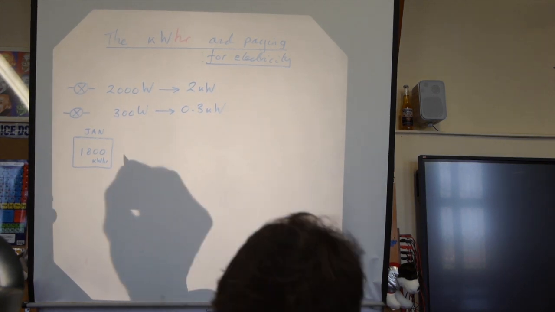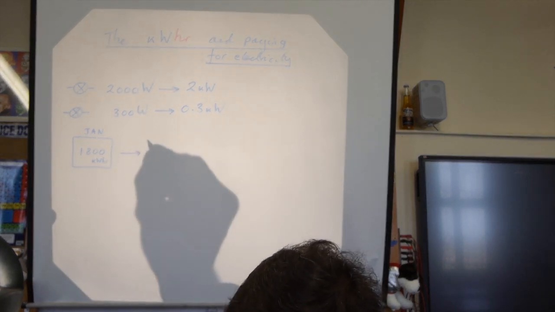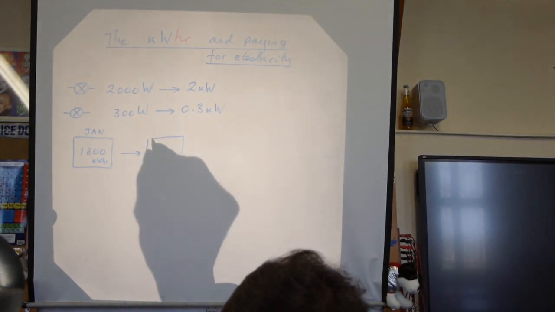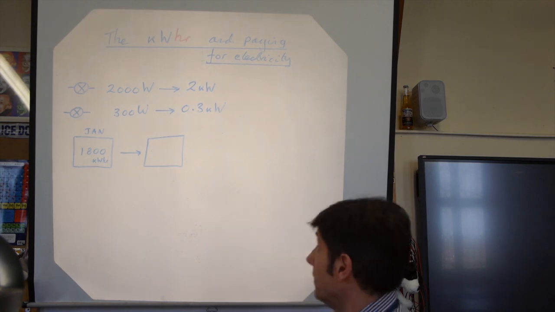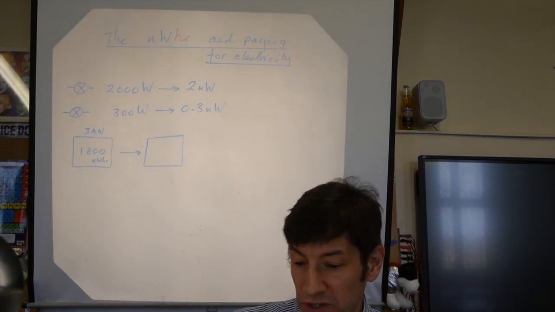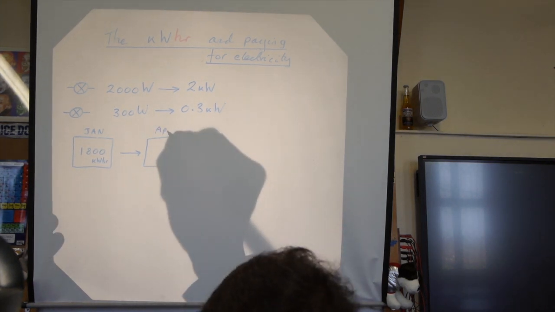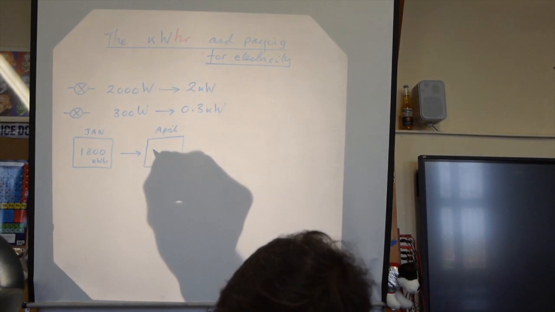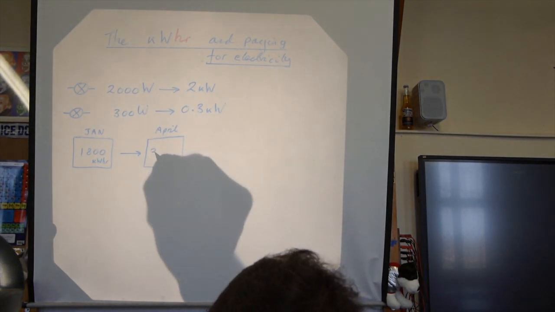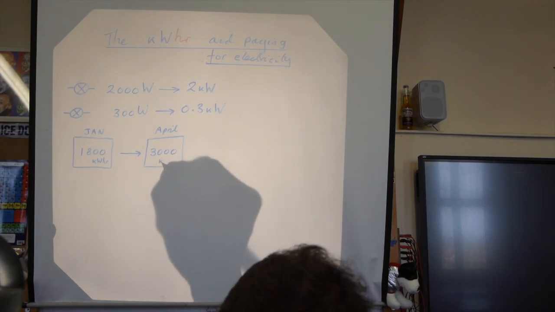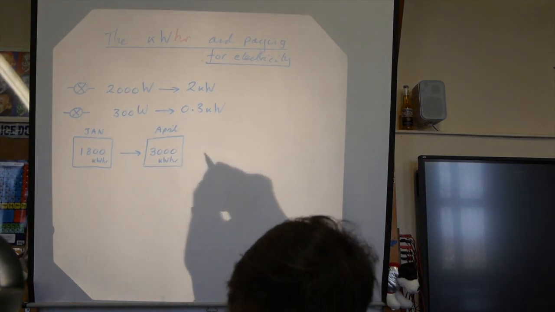Now, you wait for a while, you use devices in your house, and they come back and read the meter. So January, February, March, so we say April. And in April, the meter reads, shall we say, 3,000 units, kilowatt hours.